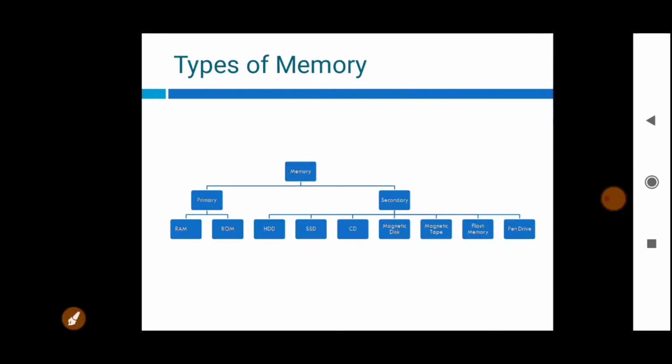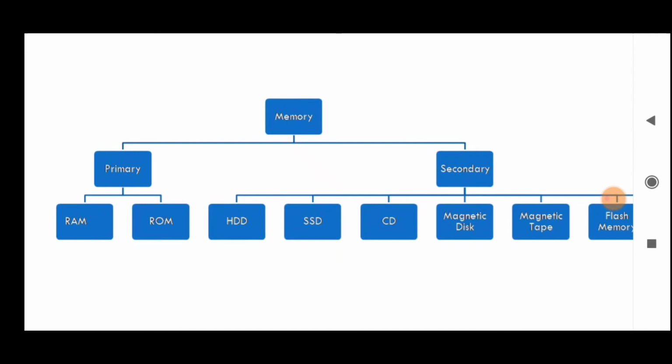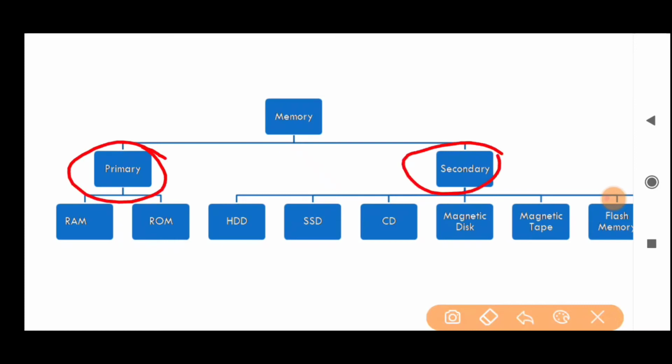Now here we see the types of memory. You can see that the memory is divided first of all into two main parts: primary memory and secondary memory. Primary memory is sometimes called main memory as well, and the secondary memory has a higher capacity of storage of data.